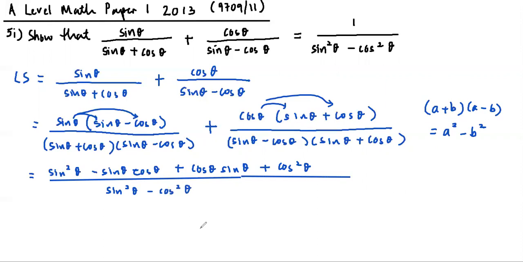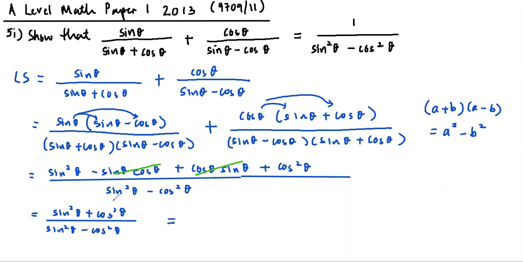Now let's look at the numerator. You have sine theta cosine theta minus sine theta cosine theta. These two cancel off. So you are left with sine squared theta plus cosine squared theta all over sine squared theta minus cosine squared theta.